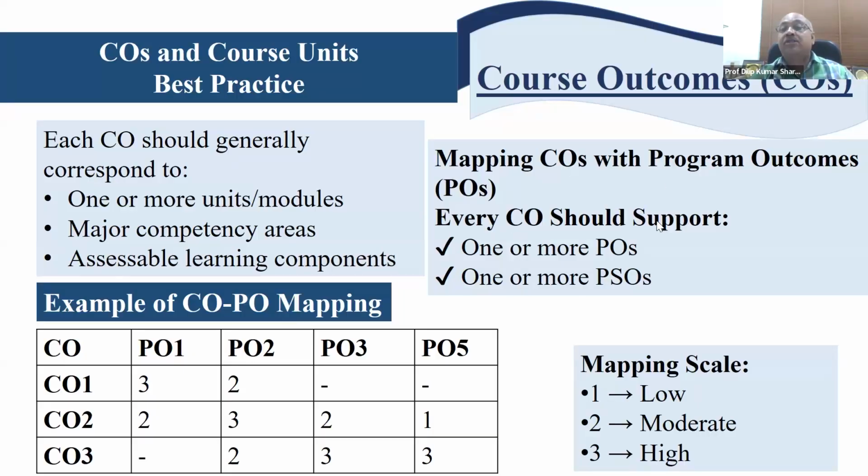Every CO should support one or more POs. For example, I took a table with 3 course outcomes. Each course outcome must be mapped against all 11 program outcomes. I took only a few here, but in your course file you have to record all 11, and say this course outcome is mapped with so many program outcomes, and it should be justifiable. It's not randomly put.